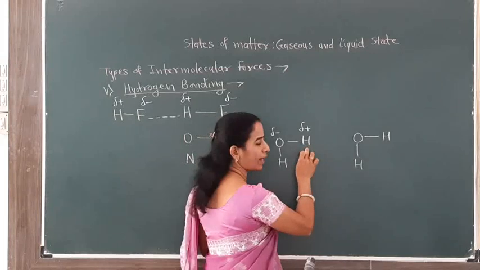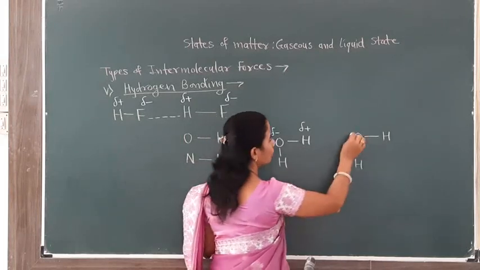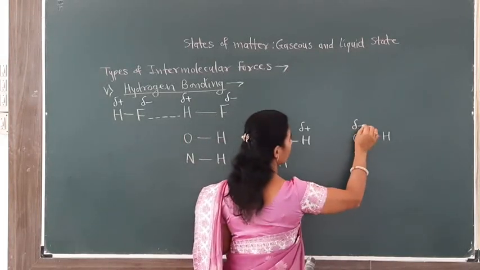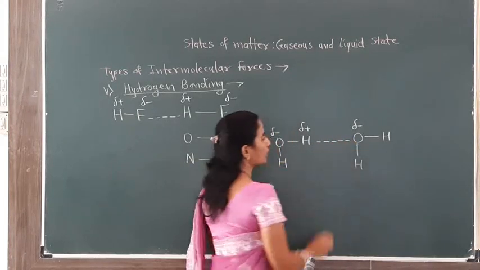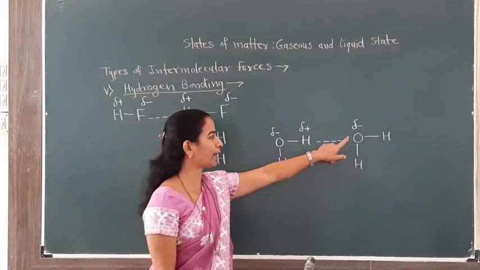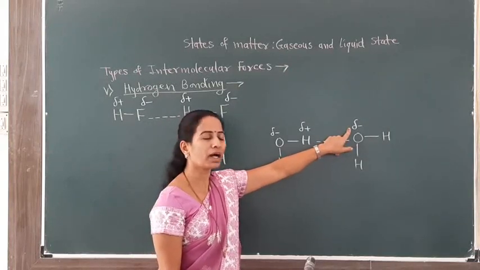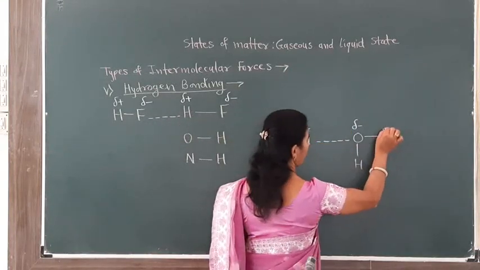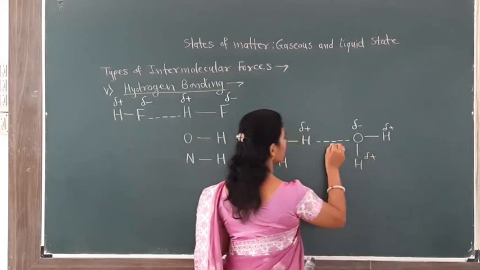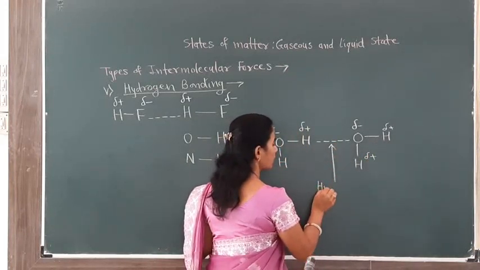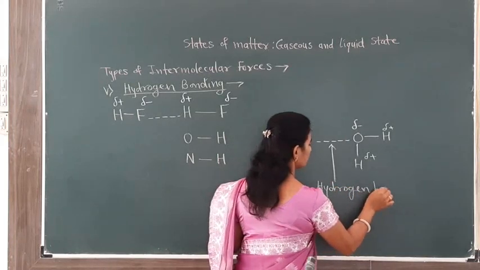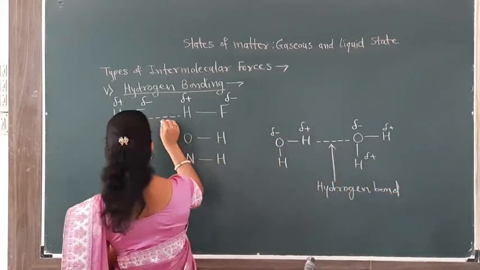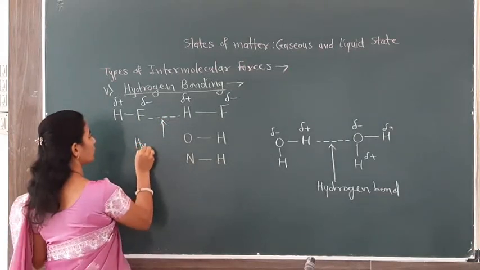The hydrogen atom of one molecule will interact with the oxygen atom, the more electronegative atom of another water molecule, and therefore the bond that is formed is called a hydrogen bond. This bond is also a hydrogen bond.